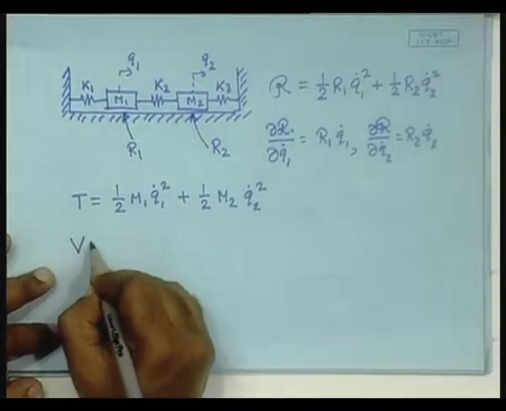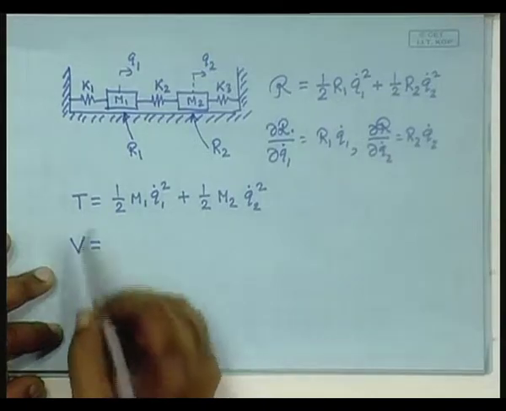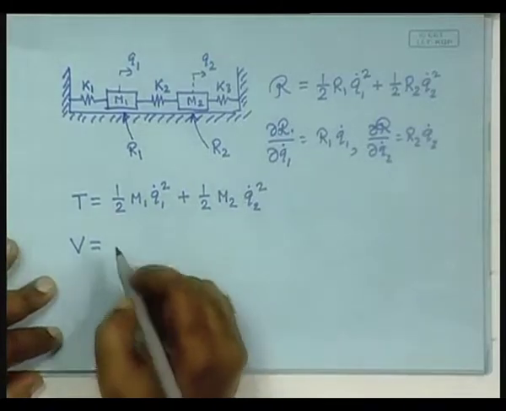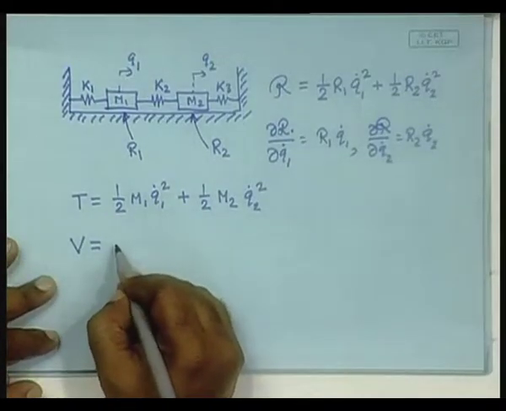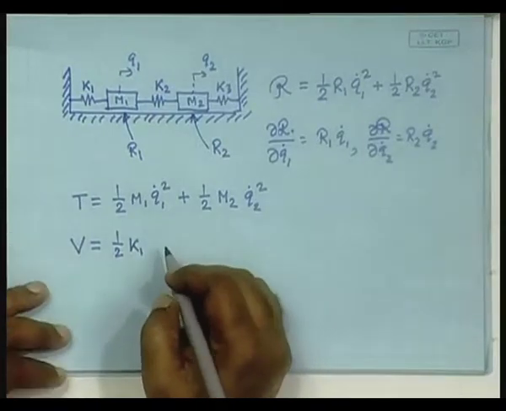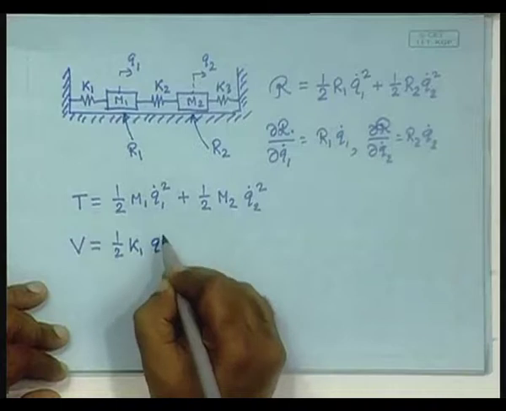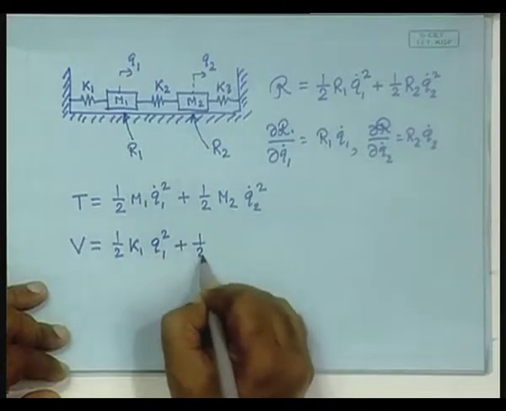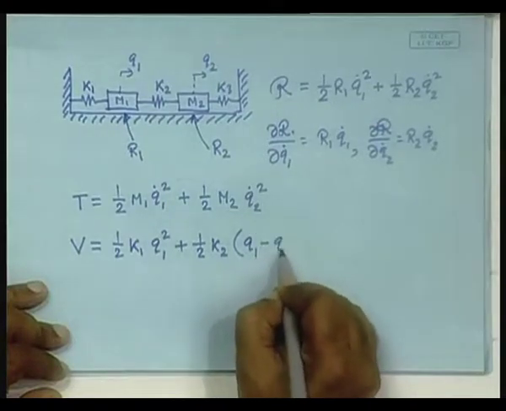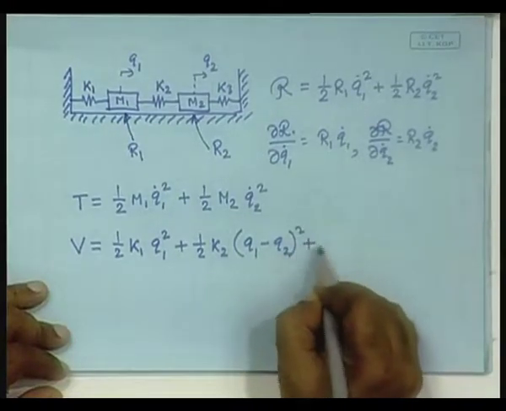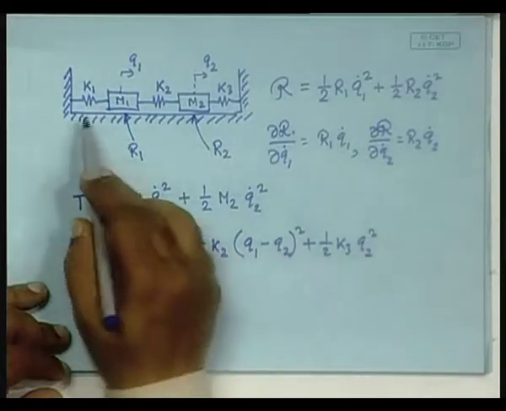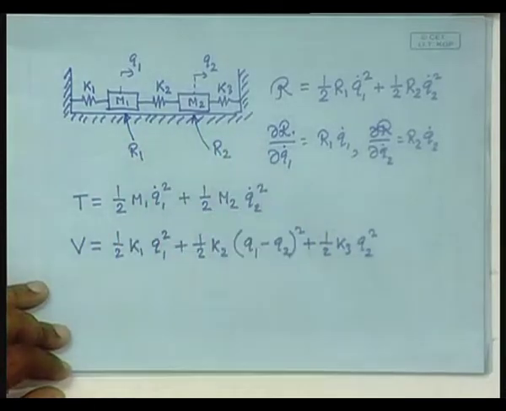The potential energy would be for this spring, this spring and this spring, and no gravitational potential. So, it was half k1 q1 square plus half k2 (q1 minus q2) square plus half k3 q2 square. This would be the potentials due to the 3 springs.